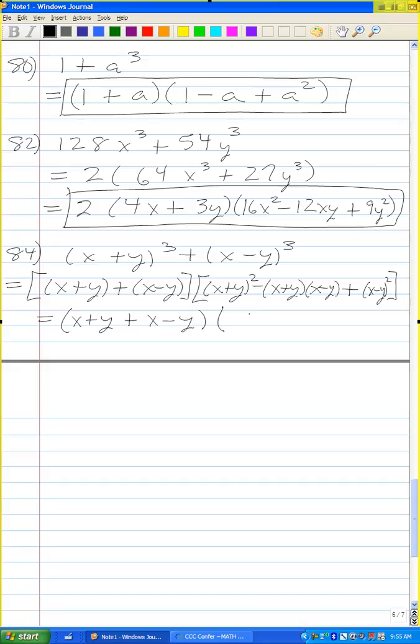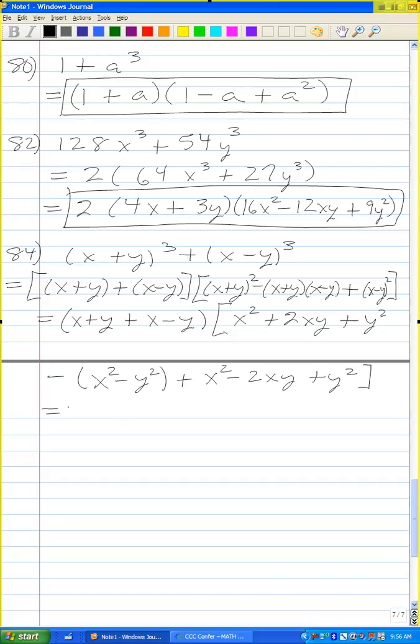So x plus y quantity squared is just x squared plus 2xy plus y squared, minus, this is the product of the sum and difference of two terms, the difference of their squares, x squared minus y squared, plus, again by special product formula, this is a perfect square trinomial, x squared minus 2xy plus y squared. So the y's cancel, so I get 2x.